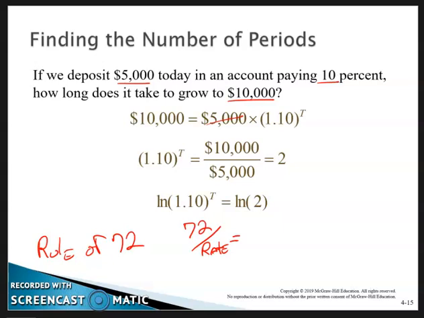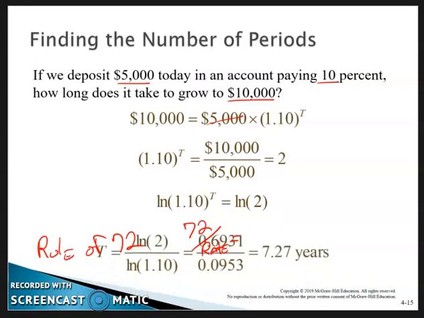I'm going to show you in just a second how to do this calculation in a much easier way. So t is equal to the natural log of 2 divided by the natural log of 1.1, and that's 7.27 years, which is roughly what we got with the rule of 72. I apologize, my writing's on top of this, but let's jump over to the calculator and show you the easy way to go about this.